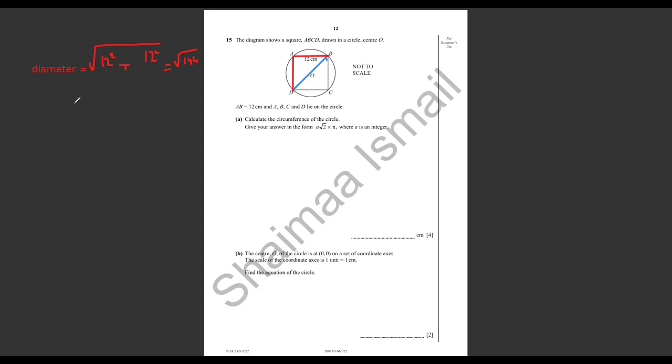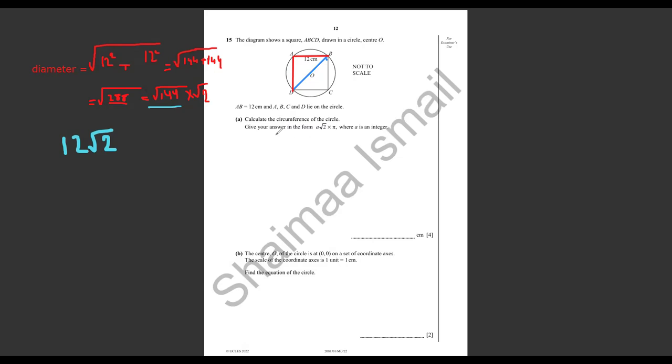We don't have a calculator here. 144 plus 144 is 288, which we can write as the square root of 144 multiplied by root 2. So D equals 12 root 2.